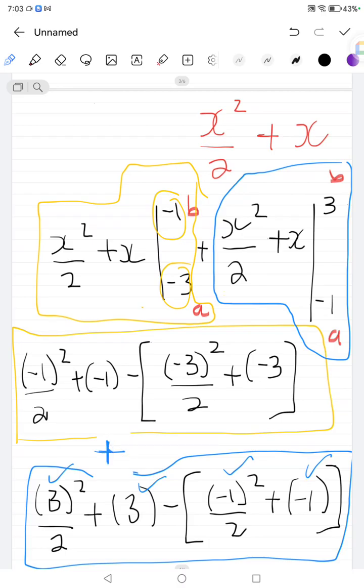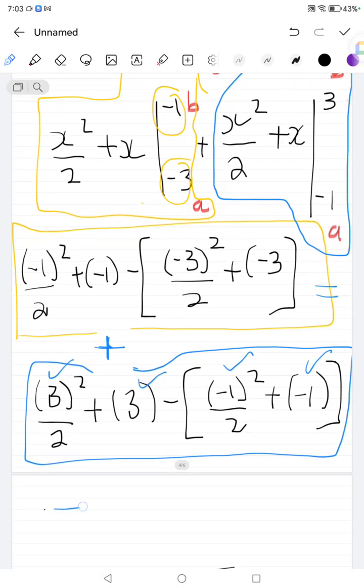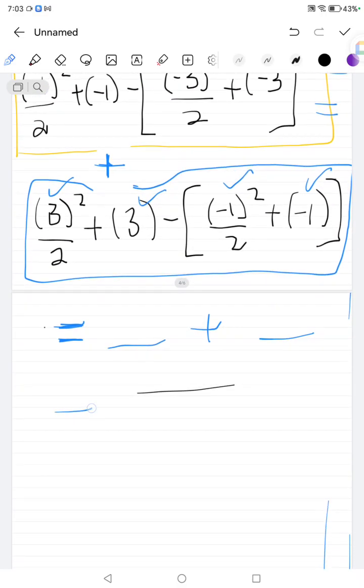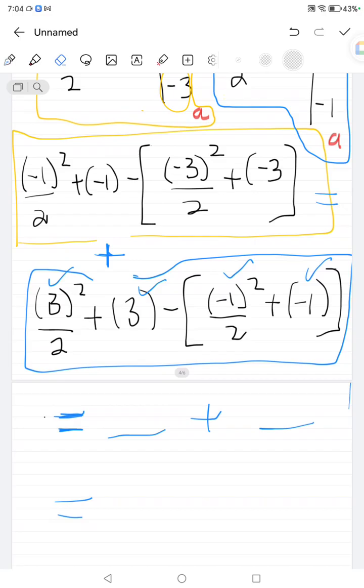So you get the first answer for this one, then you add it to this one, then you get the answer for this one. Let me check something when you're still busy calculating. Sorry about that.